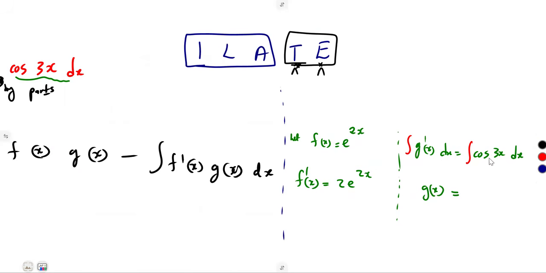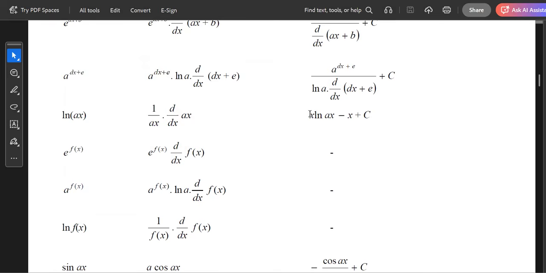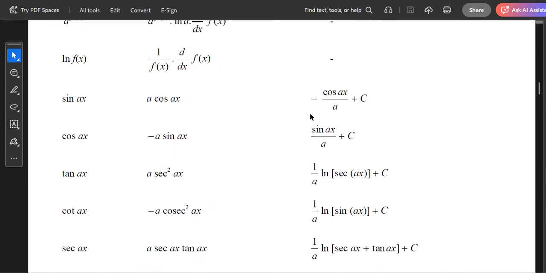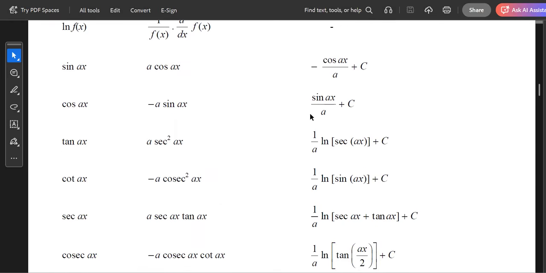So if we integrate a cos, again, we have got this one from our formula sheet, guys, integration. This is cos here, that is cos. This is your derivative and this is your integration. So as we can see, it's going to be sine ax over a.